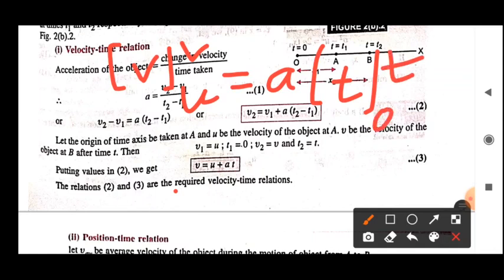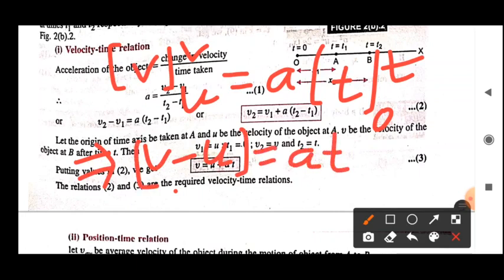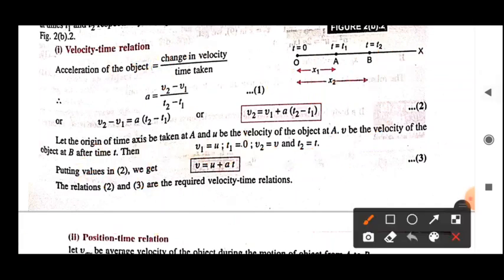Now let's write down the limits. The upper limit gives v minus the lower limit u, so v minus u is equal to A times t minus 0. After arranging this, you can obtain v is equal to u plus at.